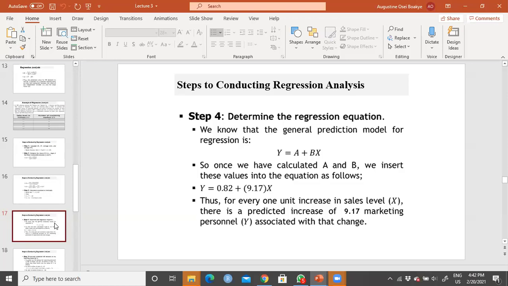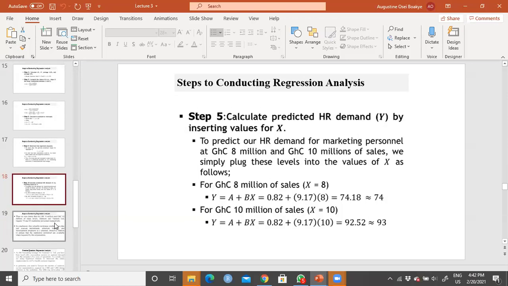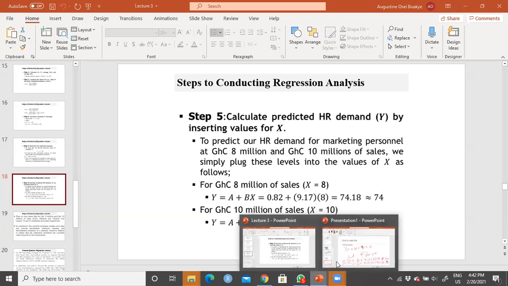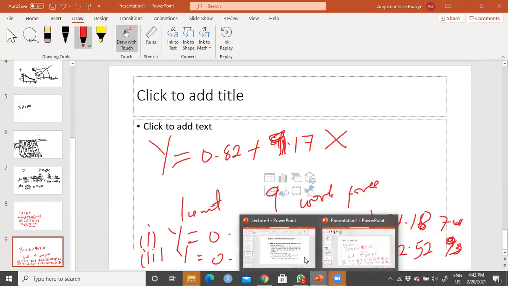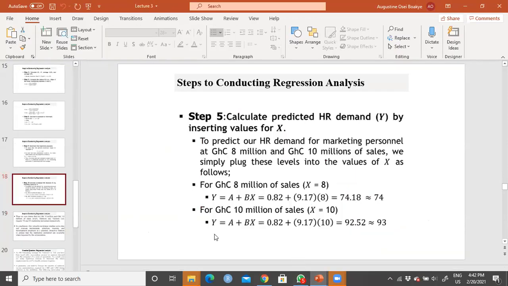So I think we got 74 and then 93, right? Yes. Let me compare and see. Yeah, 74 and 93. Good. You did a good job, and so your math is good.